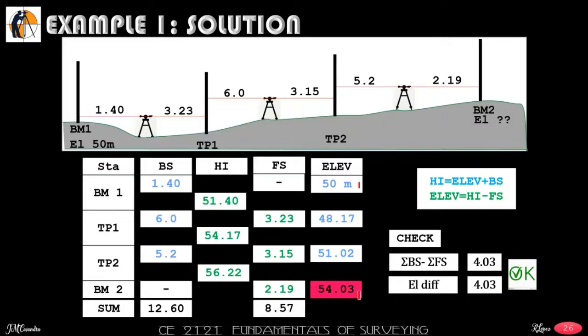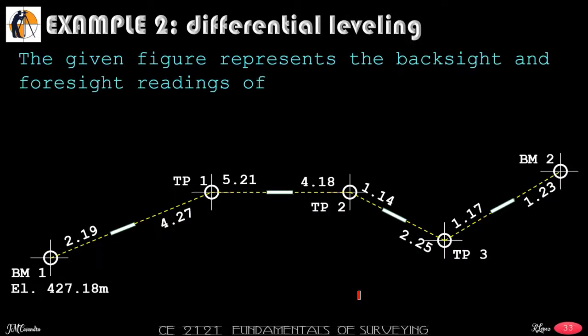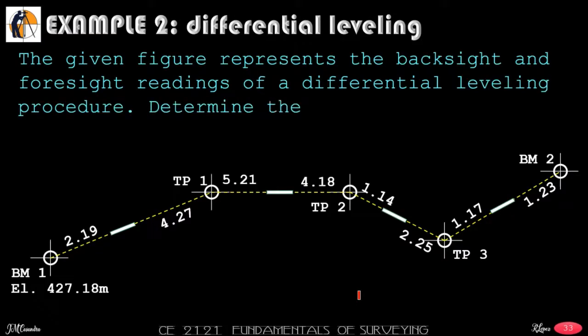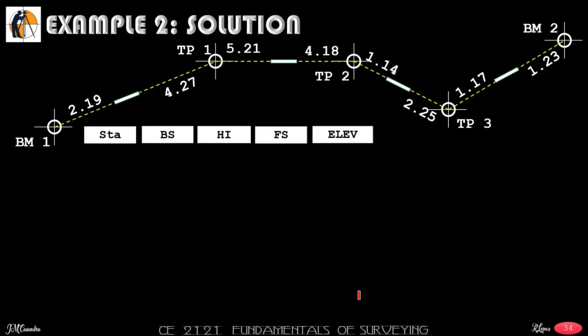So next problem, for the given figure, we determine now the elevation of benchmark 2 and we apply your arithmetic check for our answer. So again, we'll have our field notes in this orientation.